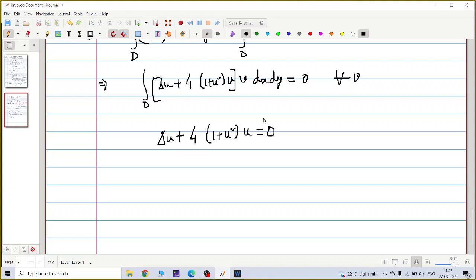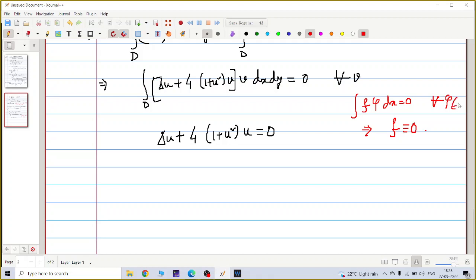Because from one result of real analysis, the integral of some f into phi dx equal to 0 for all phi implies f is identically equal to 0. This is a standard result, for all phi a C infinity function.